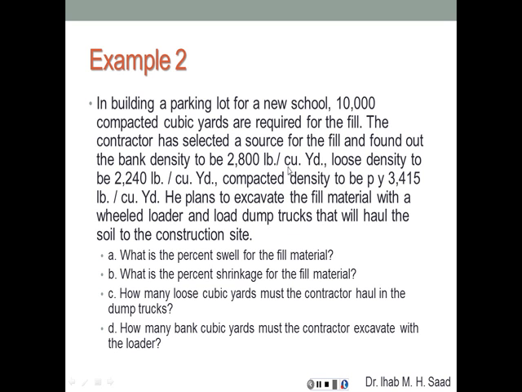So this is going to be bank cubic yards. The loose density is 2240 pounds per cubic yard, also loose cubic yards. And the compacted density is 3415 pounds per cubic yard, in this case CCY, compacted cubic yards. He plans to excavate the fill material with a wheeled loader and load dump trucks that will haul the soil to the construction site.